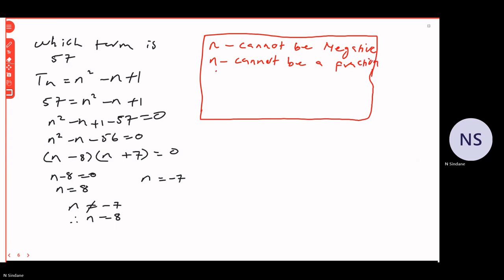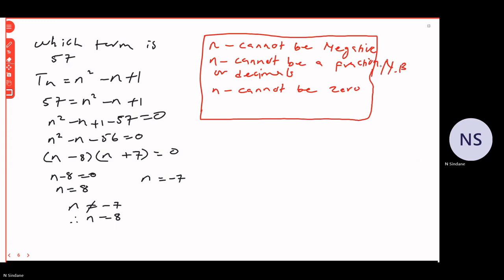N cannot be 0. So n is always positive whole numbers, positive integers only. Once you do this, there's a mark for this. N cannot be negative. N is therefore the value of 8, which is positive 8. You get a mark for that.